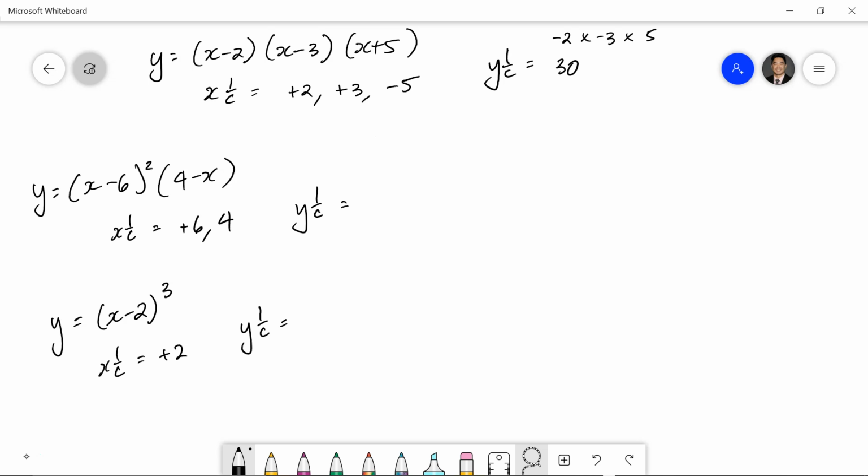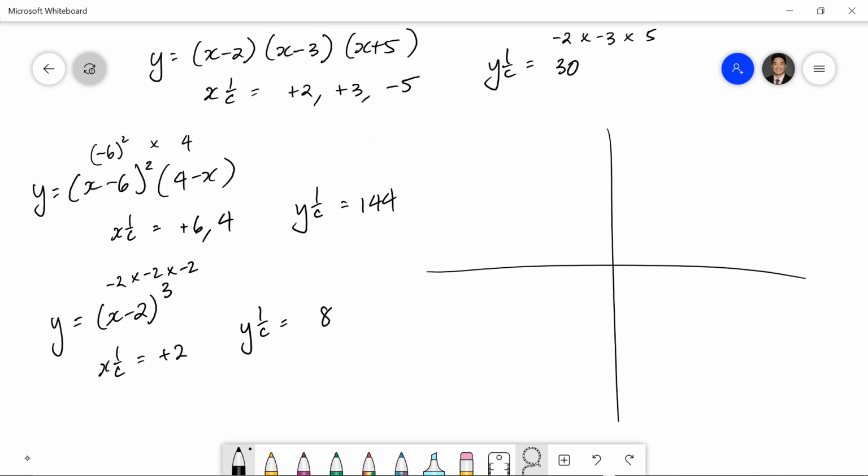In this case, we'll have minus 6 all squared times 4, so 36 times 4 is going to be 144. And then when we have minus 2 times minus 2 times minus 2, our y-intercept is going to be minus 8.